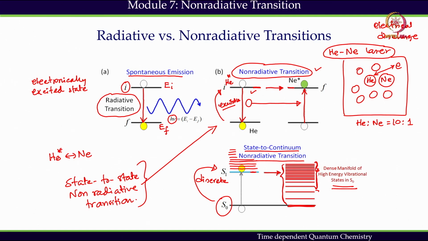So this example represents a state to continuum non-radiative transition. It is transferring the entire energy either to another state or to a number of states. That is the way it is transferring the energy.